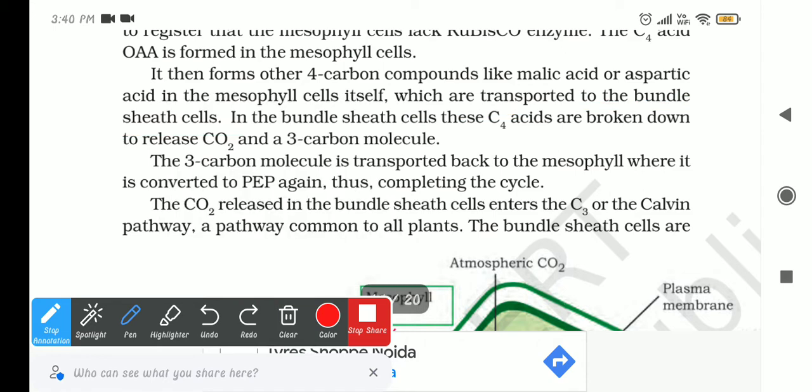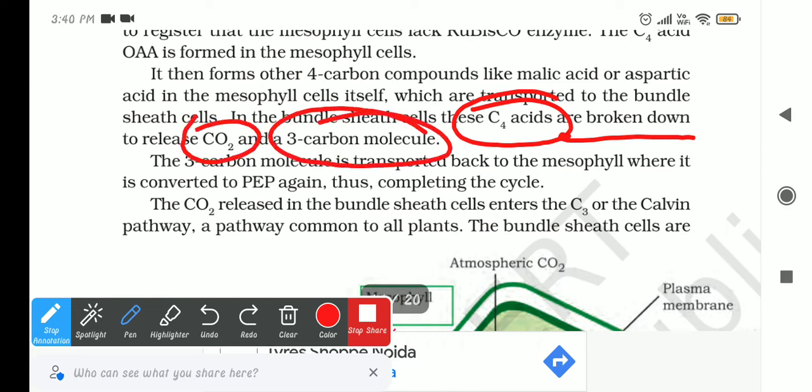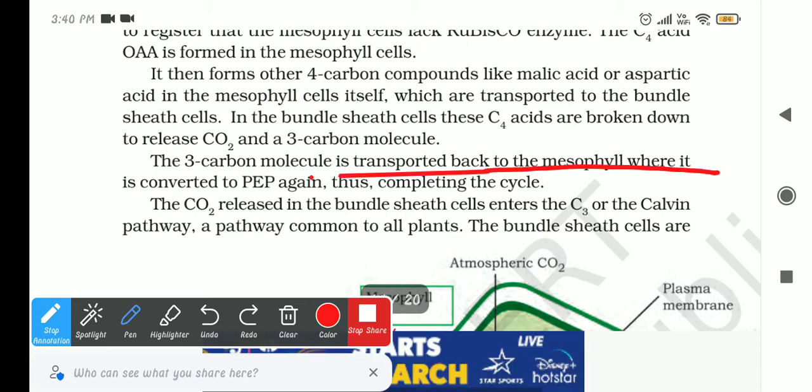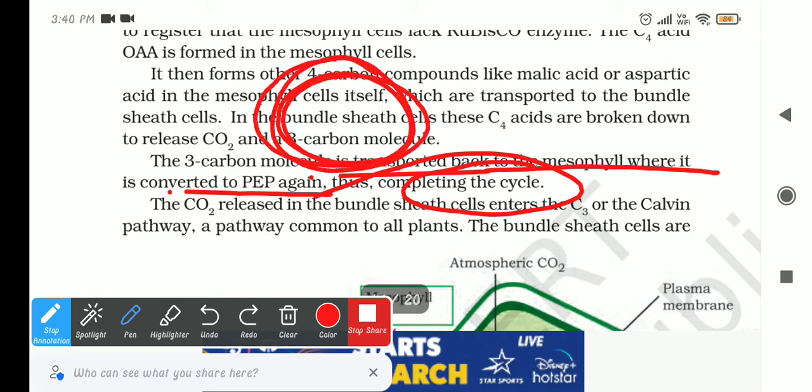Then in the bundle sheath cell, these C4 acids are broken down to release CO2 and a 3 carbon molecule. The 3 carbon molecule is then transported back to the mesophyll, where it is converted to PEP again, and this is how the complete cycle works. It will continue as it is a cyclic process.